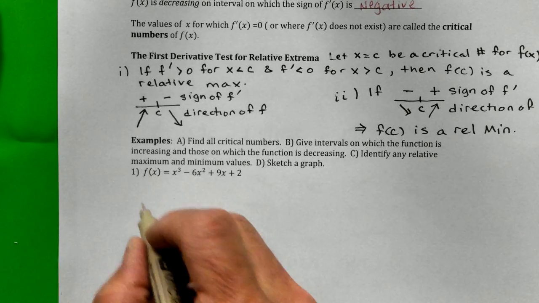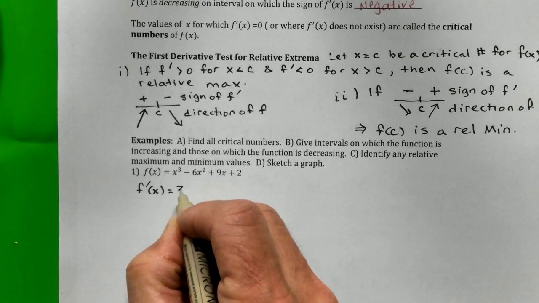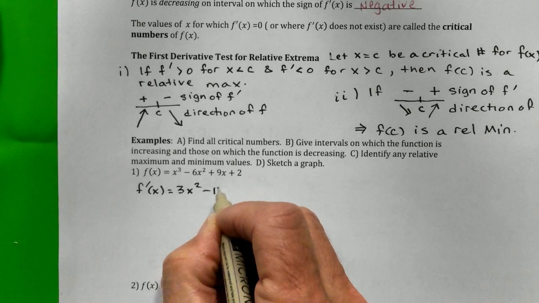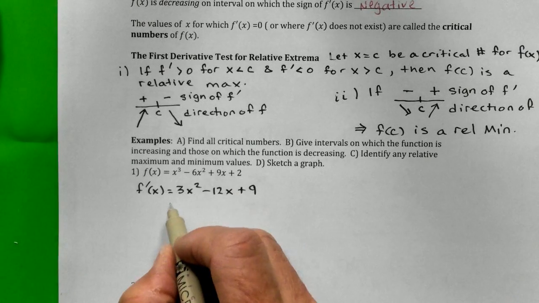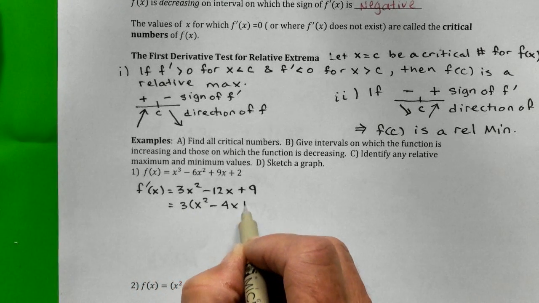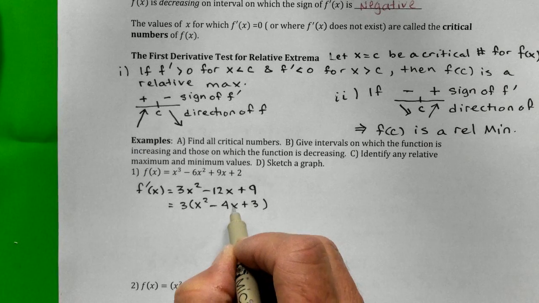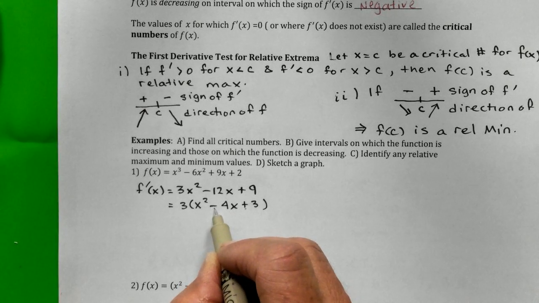So first step in part A, find all critical numbers, means take the derivative. We get 3x squared minus 12x plus 9. I'm going to factor out a 3. Then I look for factors of 3, both with the same sign, that add to negative 4.